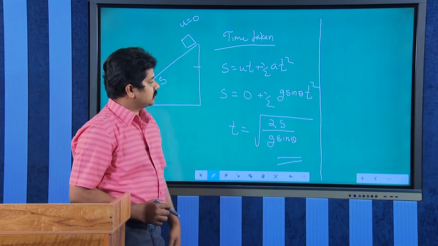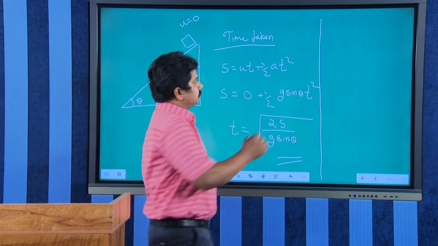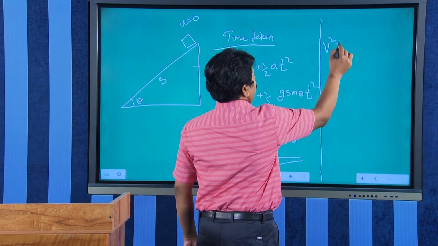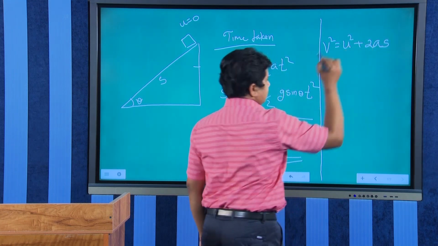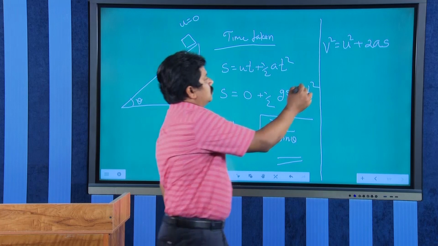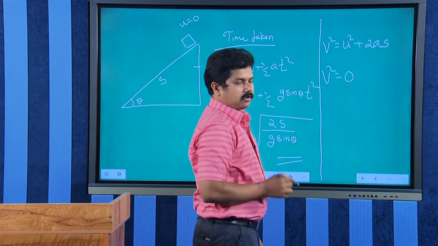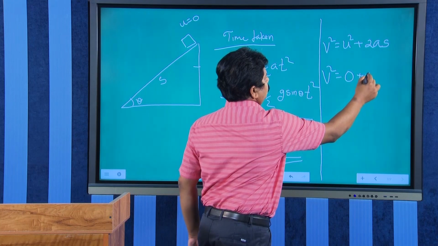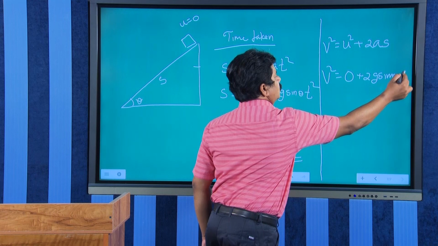We can use the relation v square equal to u square plus 2 a s. That is, v square is u, initially 0, plus 2 g sin theta, the acceleration, into s.